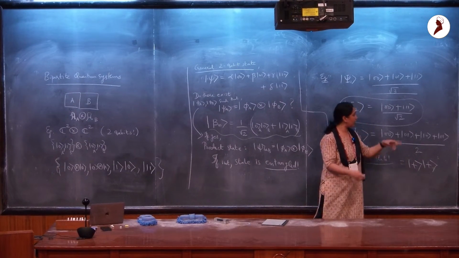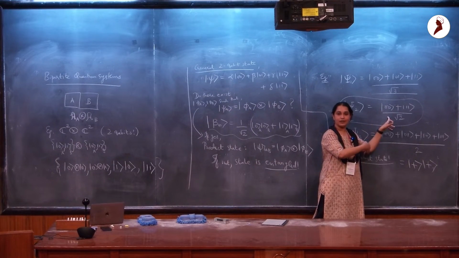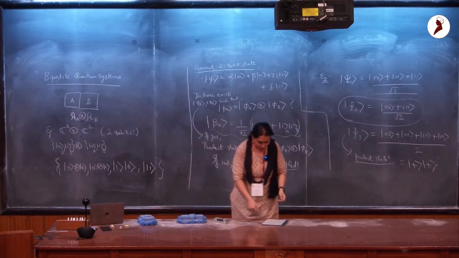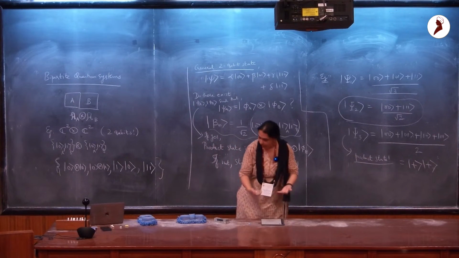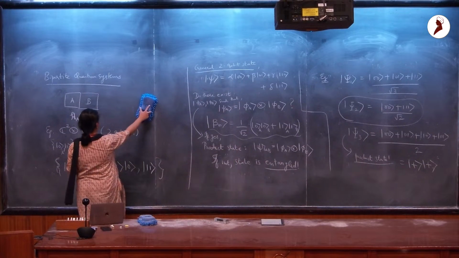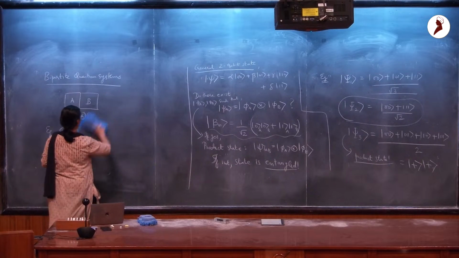In the same way, here the entanglement is apparent in the sigma z basis. So the question is, what is this basis in which the entanglement is actually manifest, right? So let me write down the statement of the Schmidt decomposition.